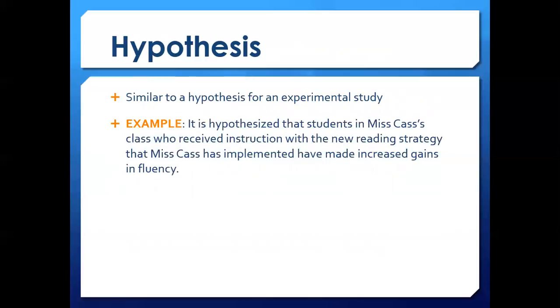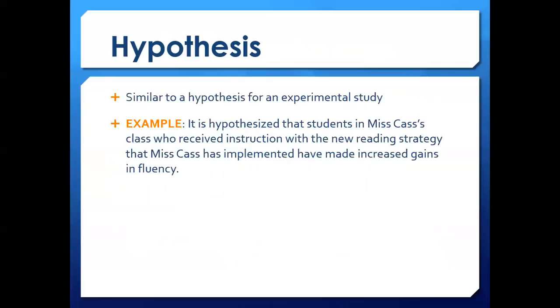It is hypothesized that students in Miss Cass's class who received instruction with the new reading strategy that Miss Cass has implemented have made increased gains in fluency. What are our 2 groups that we're looking at in this study? Well, one of the groups is those who have received instruction with the new reading strategy, which means the other group is those who have not received instruction with the new reading strategy.